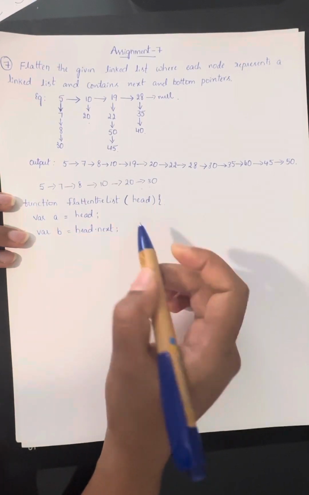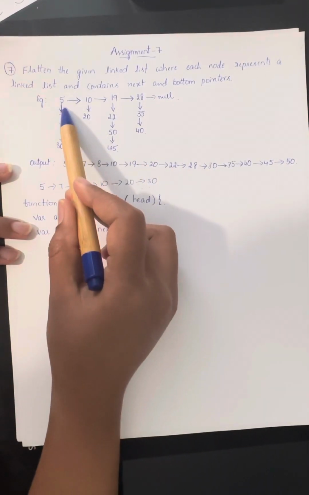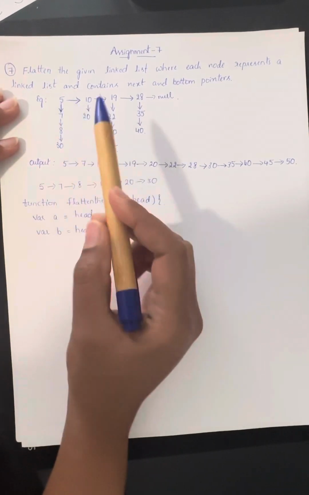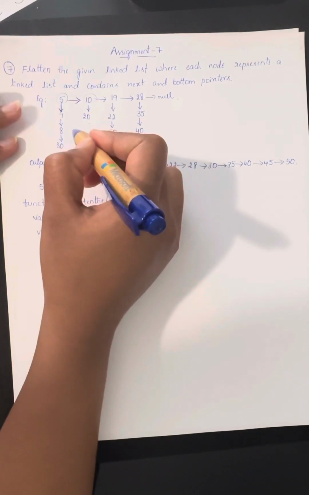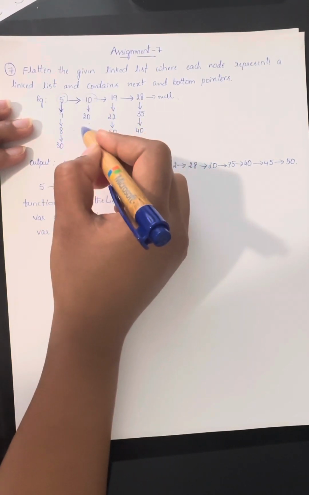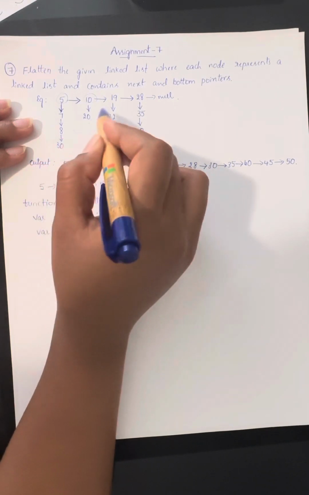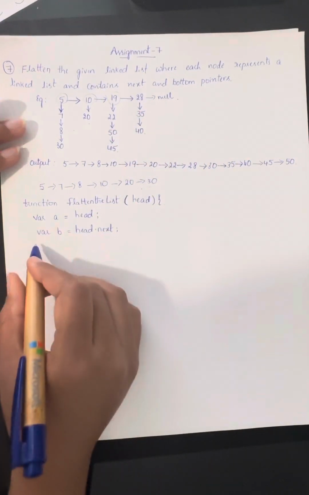So first we are going to merge these two, which in this example means we merge the two linked lists 5 and 10 first, and then we merge the resulting output with the next node.